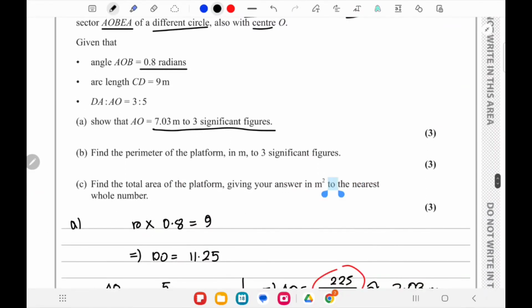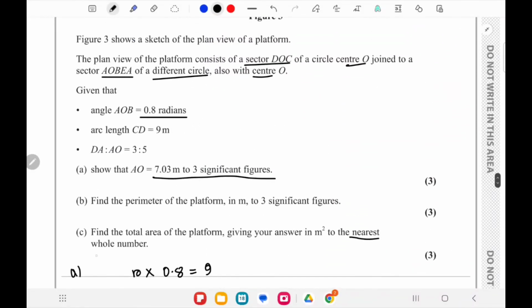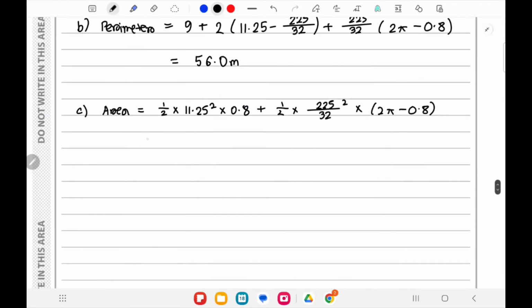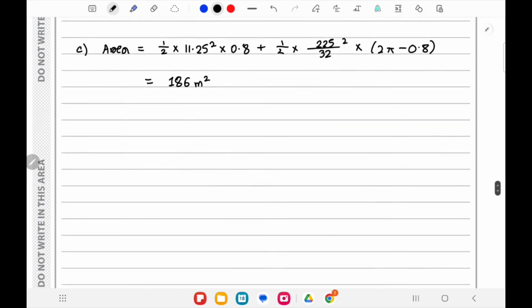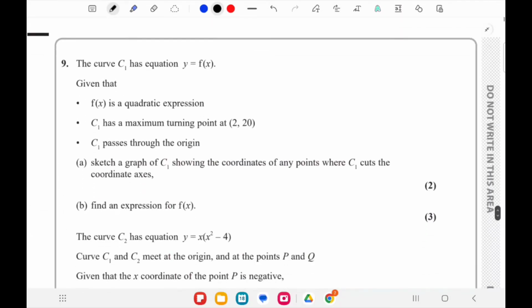We have to give this to the nearest whole number. So I'll calculate this. The actual value comes out to 186.2. Since we want the nearest whole number, we'll round it to 186 meters squared. So that's it with question 8.